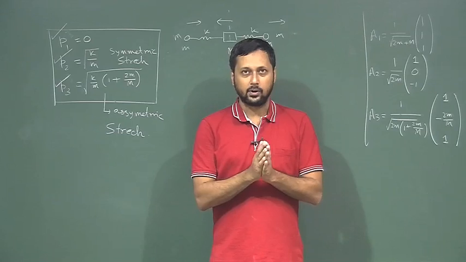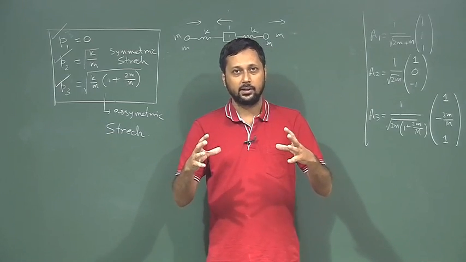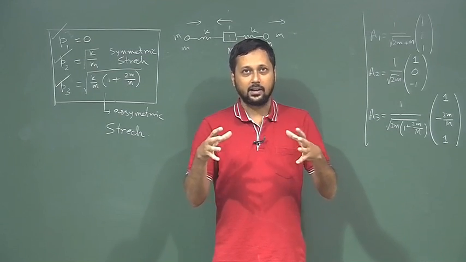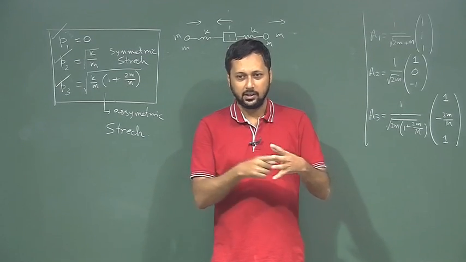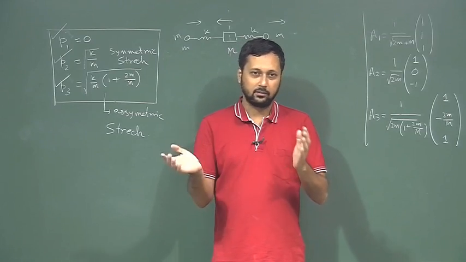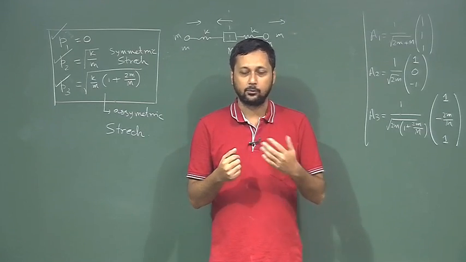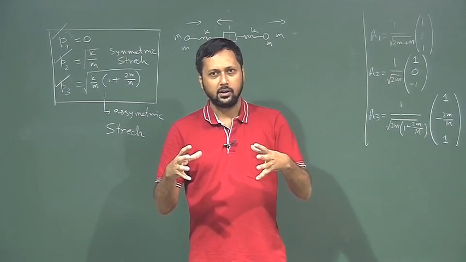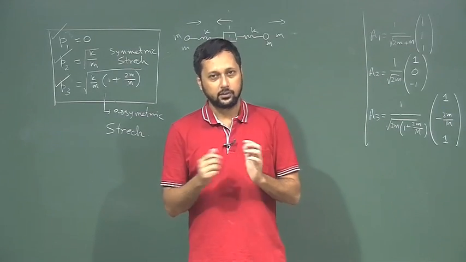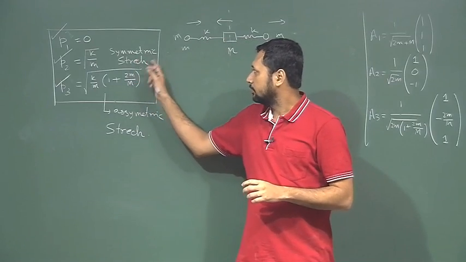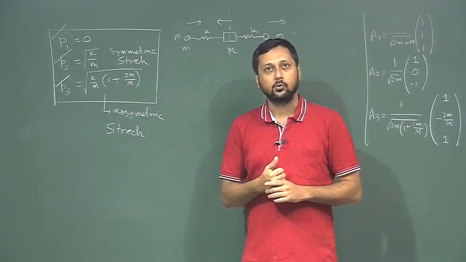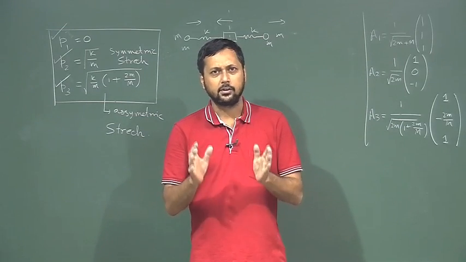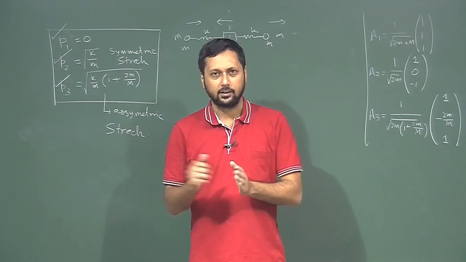What happens in a laser is that we have an optical cavity, we have a certain frequency, and if that frequency matches with the natural resonance frequency of this optical cavity, then by stimulated emission of radiation, we can boost this particular frequency. So, the symmetric stretching modes, antisymmetric stretching modes and also bending modes of carbon dioxide molecules are responsible for different frequencies of the carbon dioxide laser.